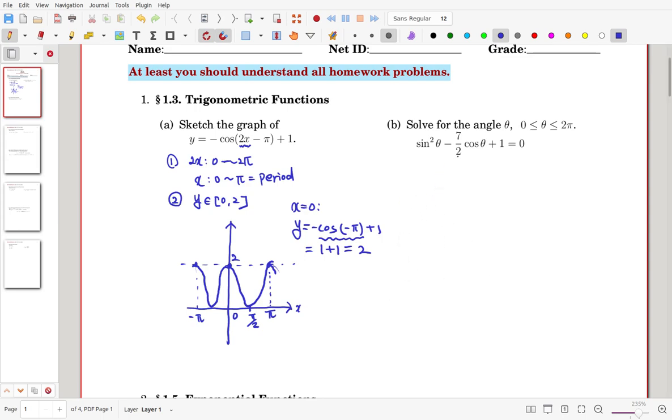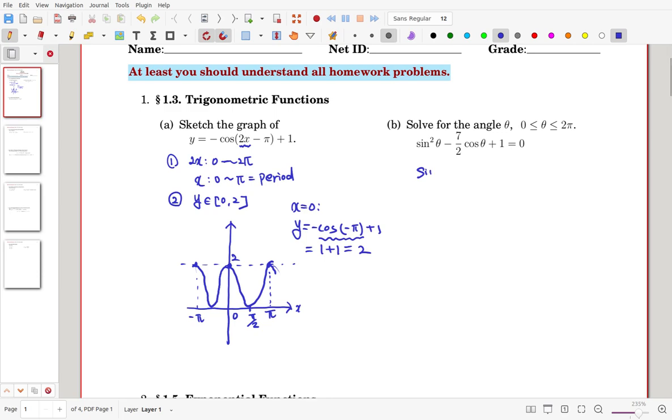Now, for that problem, it combines sine and cosine. So we may have to unify sine and cosine by using a known formula.